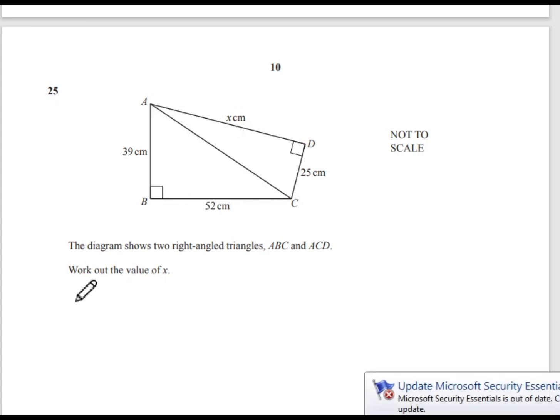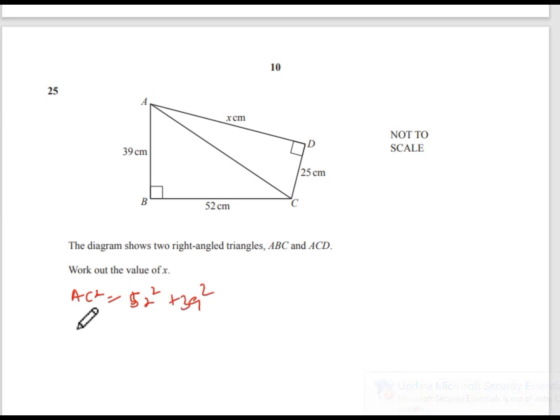So AC squared is equal to 52 squared plus 39 squared. So AC squared is equal to 52 squared, which gives us 2704, plus 39 squared, that gives us 1521.